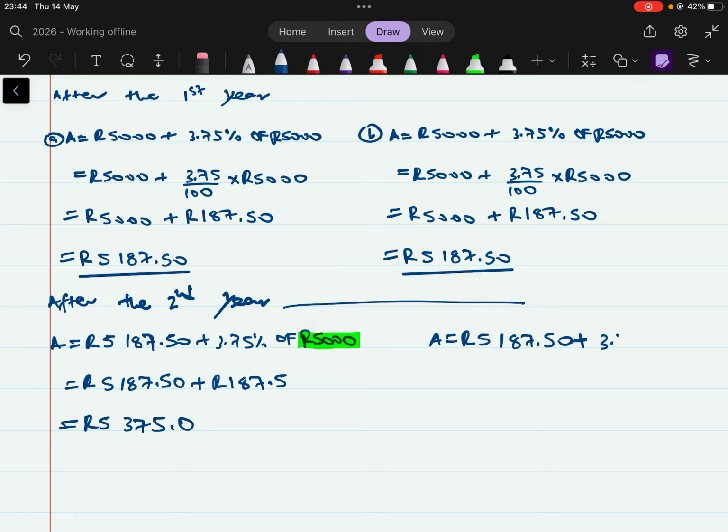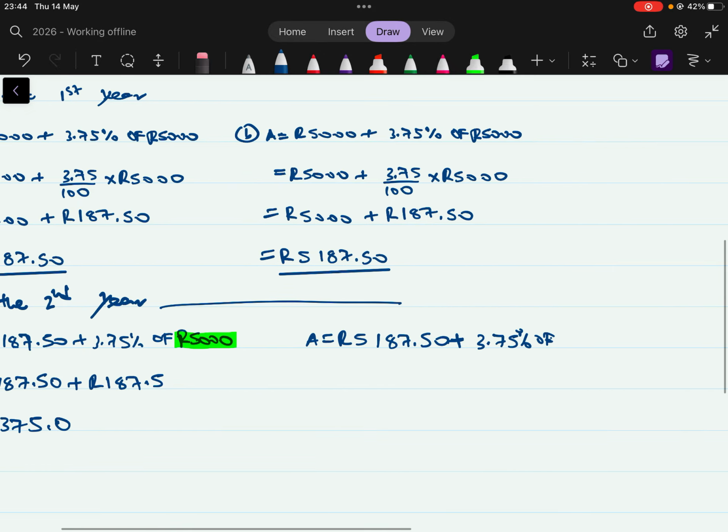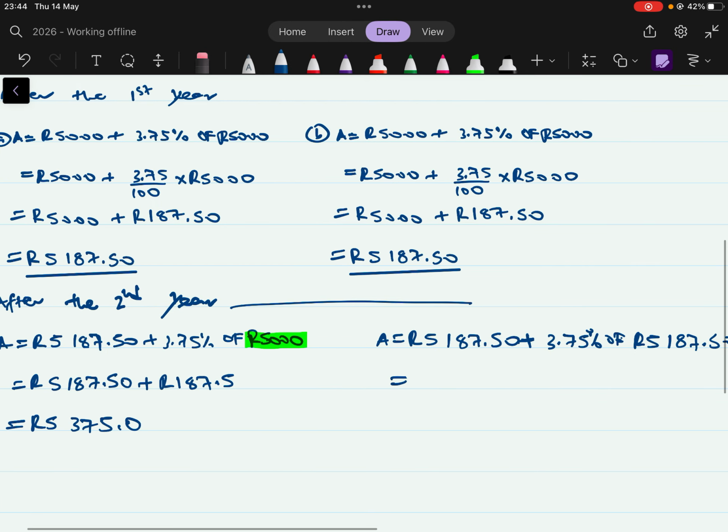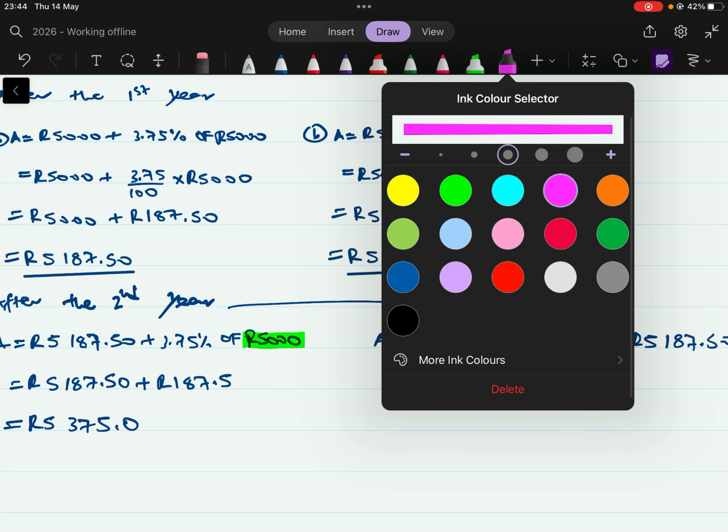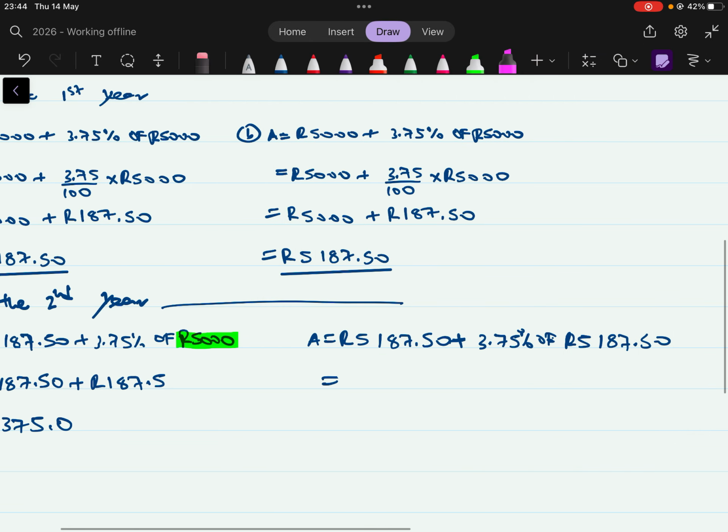We are getting 3.75% of the current balance, which is 5,187 Rand 50 cents. Okay, that's where the main difference is. Here, I'm just gonna try to use a different color. This is where the main difference is.